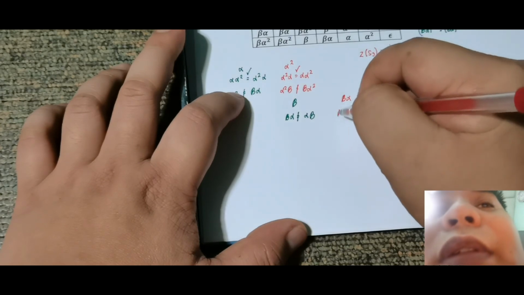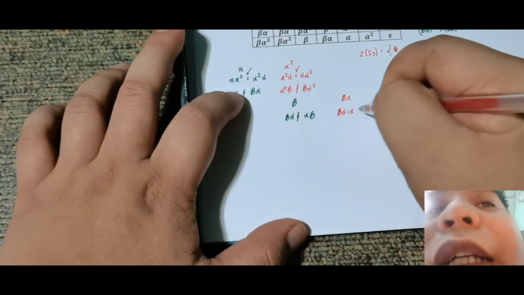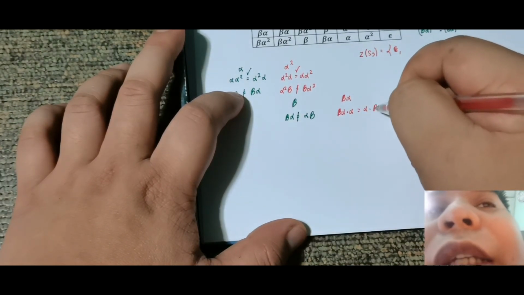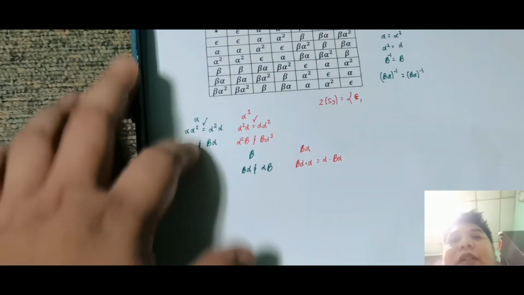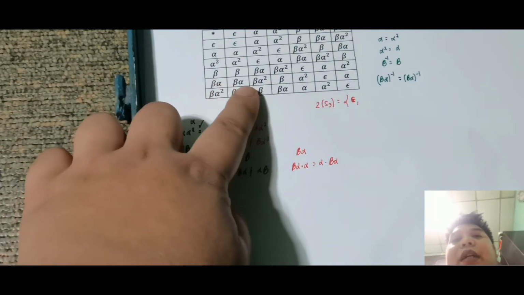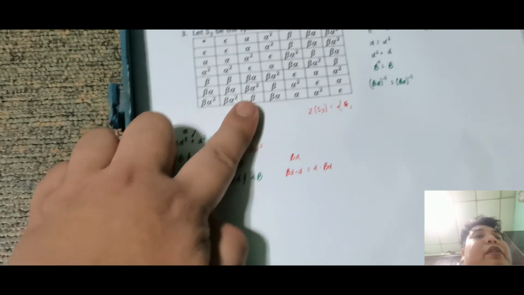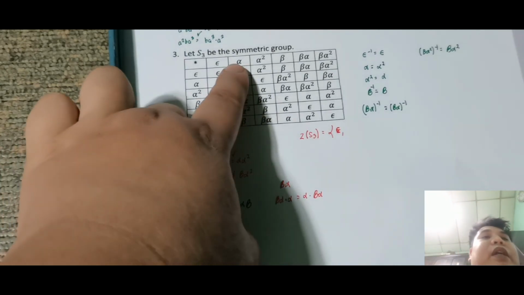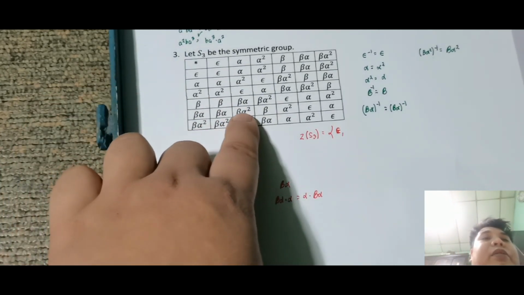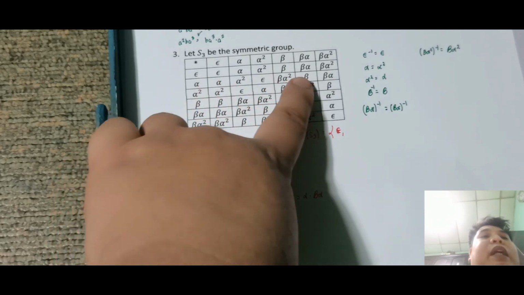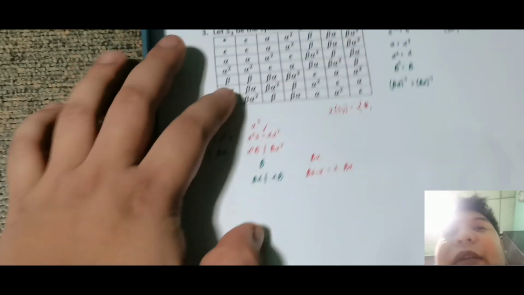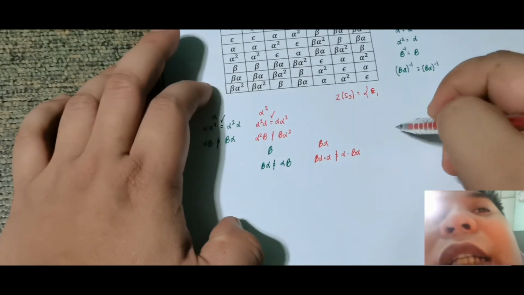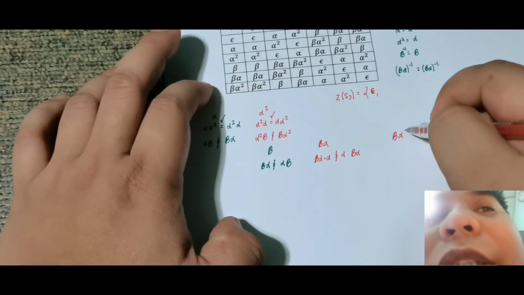Una is beta alpha times alpha is equal sa alpha times beta alpha. Beta alpha times alpha is beta alpha squared. Alpha times beta alpha is B, which is mali na agad. So hindi siya pasok.